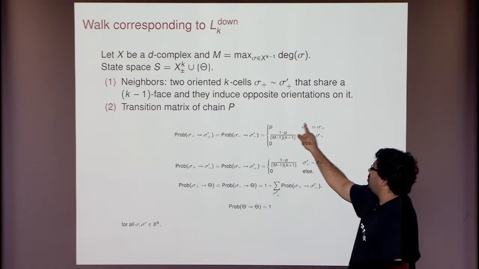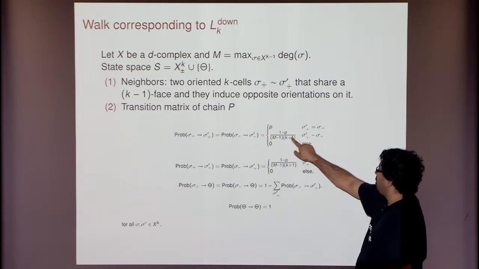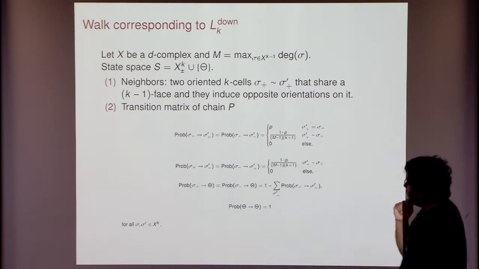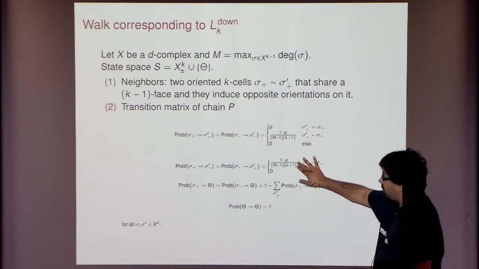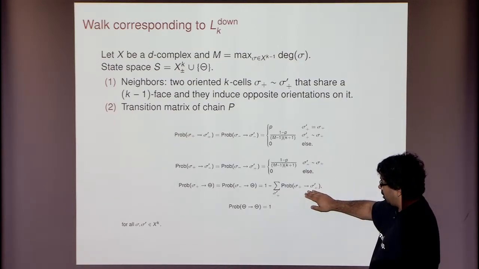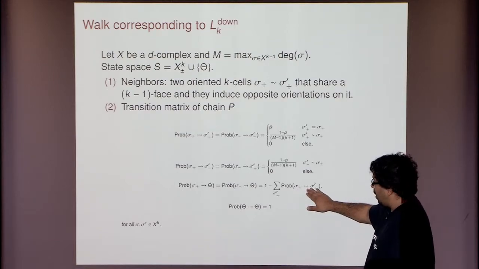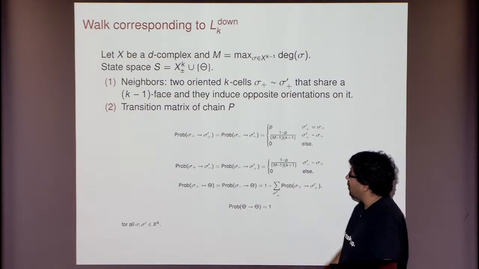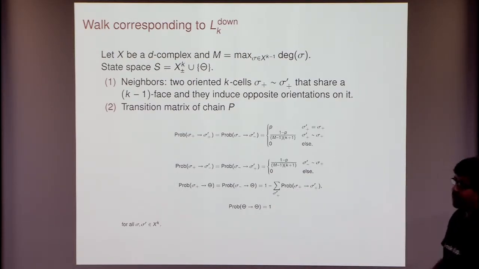It's a lazy walk, so the probability of staying is p. This is my probability of moving, and this is otherwise. This is my probability of switching orientations, and this is the probability of going into a death state, which is actually a boundary. And once you're in a death state, you don't come out. So this is basically defining a transition matrix.